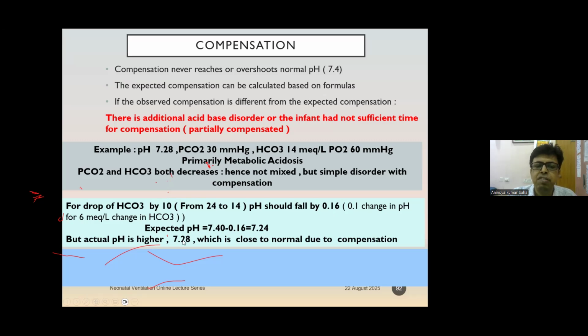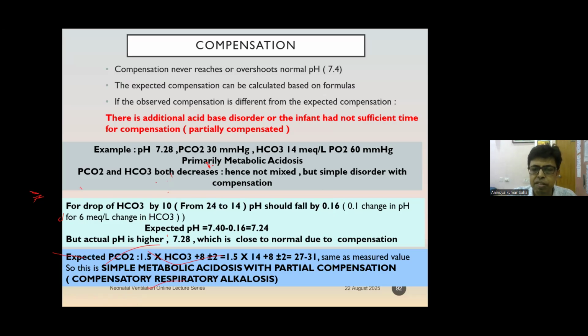But the actual pH is higher, so it is not fully compensated. It is partially compensated. That much we can say. But how much is the expected PaCO2 in these cases? It should be 1.5 times bicarbonate plus 8, plus or minus 2. With bicarbonate 14, the expected range after calculation is 27 to 31, the same as the measured value.